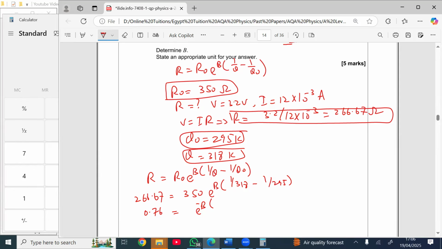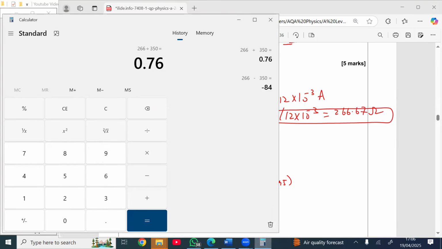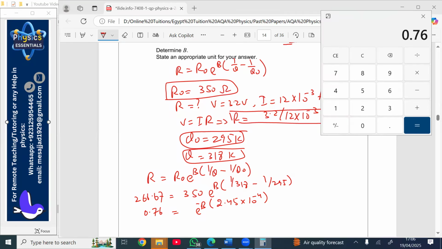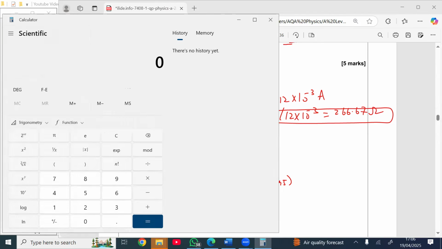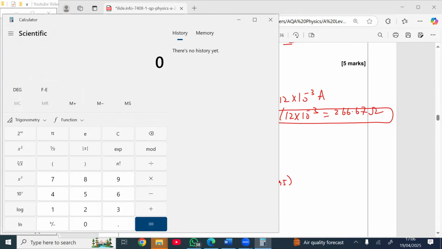The bracket, which you can get through your calculator, is minus 2.45 into 10 raised to the power minus 4. Now we will take the ln on both sides. The ln of 0.76 is minus 0.27.